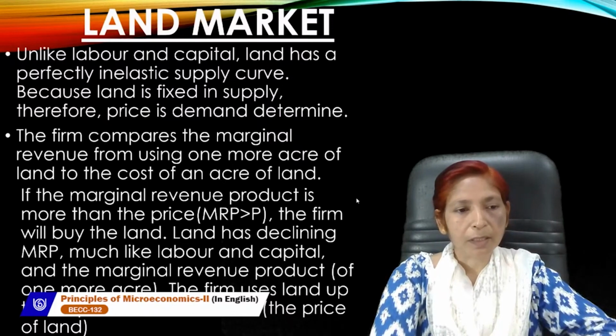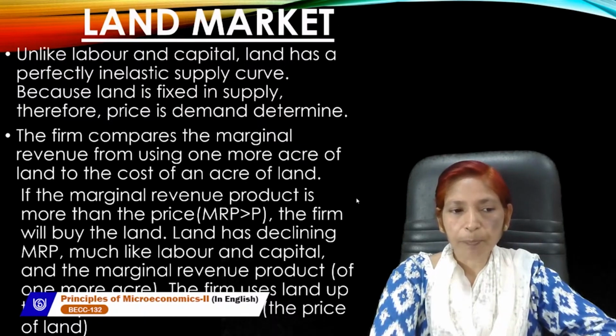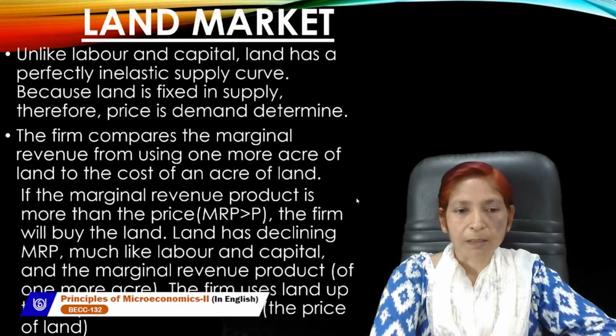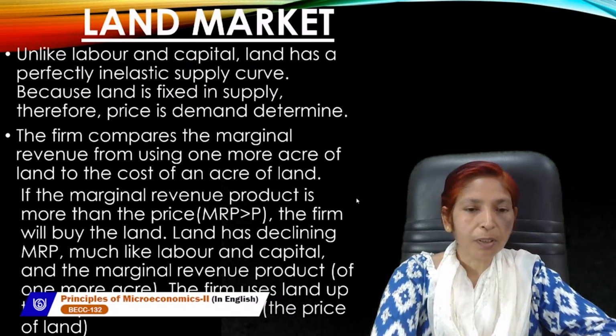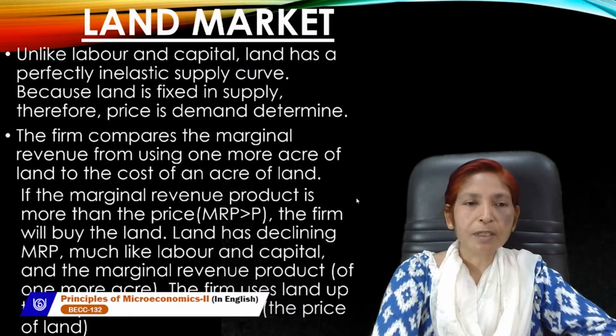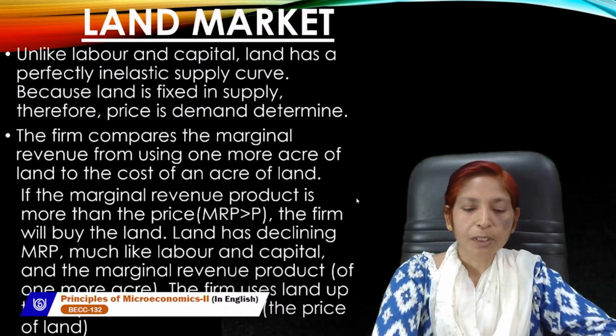If MRP is greater than P, the firm will buy the land, and land has declining MRP, much like labor and capital. So marginal revenue product determines the price in the land market. MRP plays a very important role. Marginal revenue product is that income which a producer receives after selling the output level.